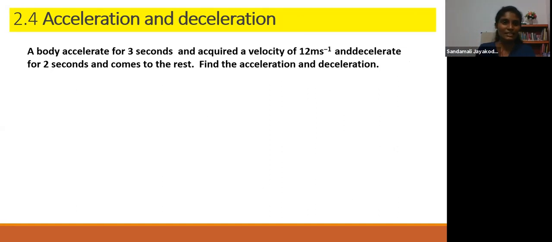Initially, it is not clearly mentioned here whether it is at rest or not, but assume it is starting from rest. That means initial velocity is 0. Then the acquired final velocity is 12 meters per second. Then how to find the acceleration here?